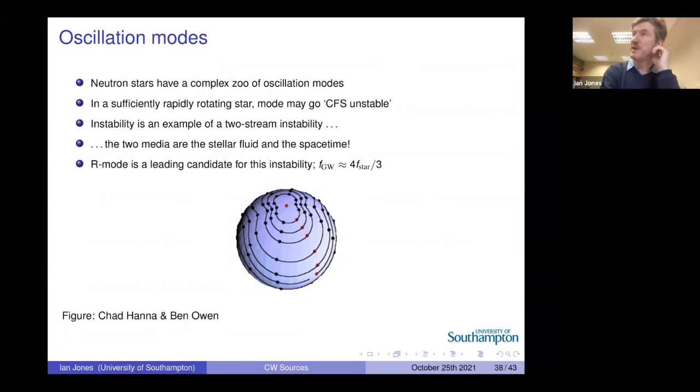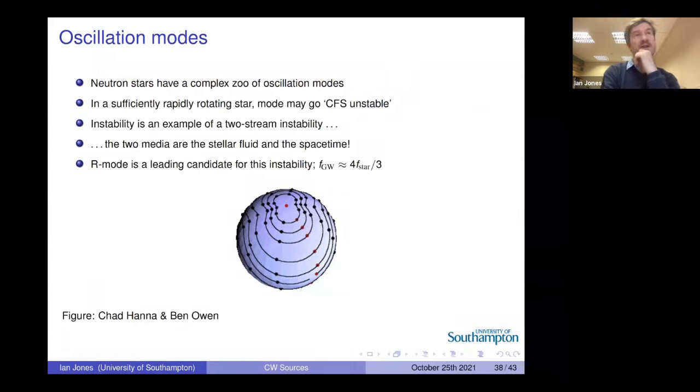So a two-stream instability, generically, is a very general thing. If you've got two media, maybe two fluids, that can exchange energy between them. A classic example here would be the ocean and the atmosphere. They've got a boundary and one can press on the other, so they can exchange energy.